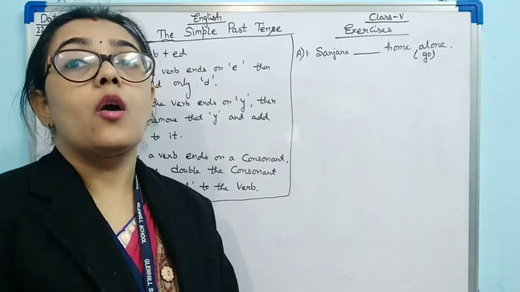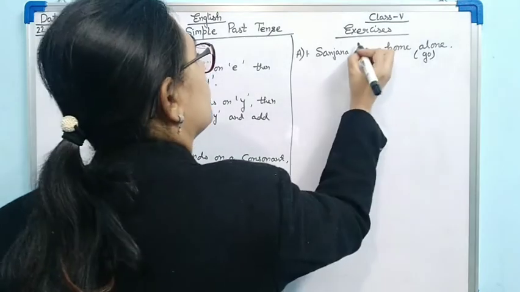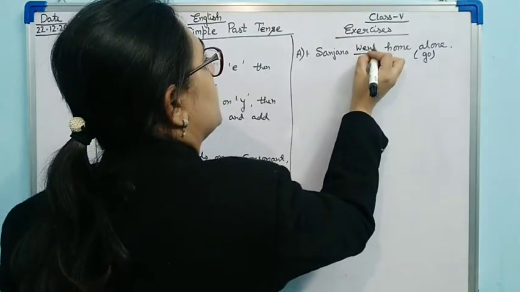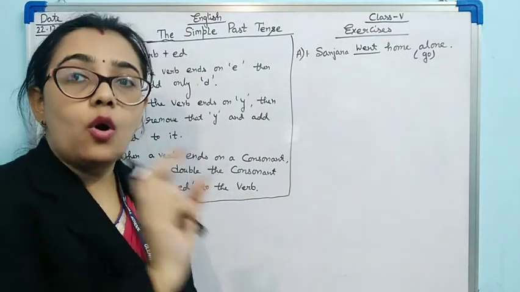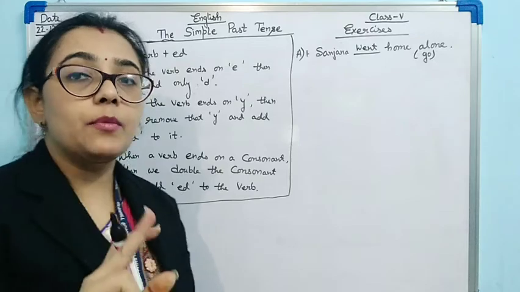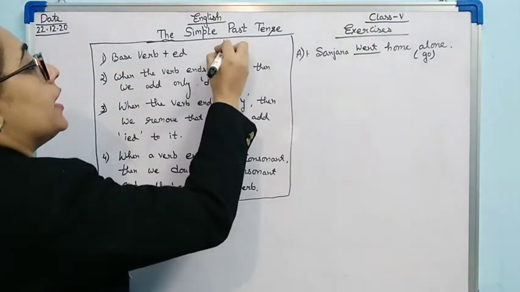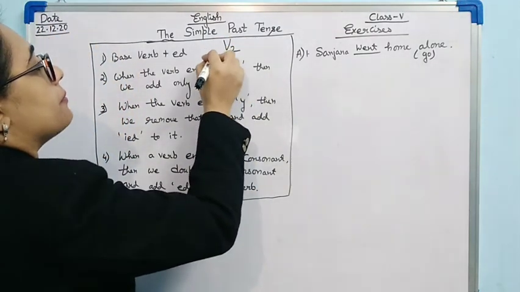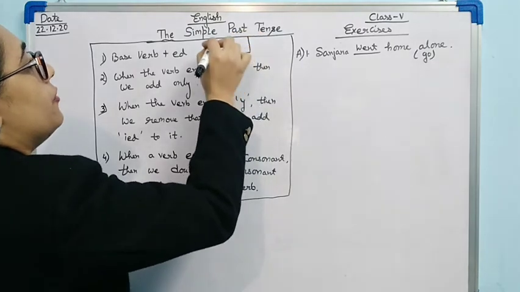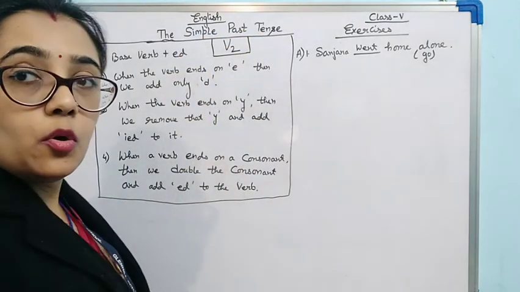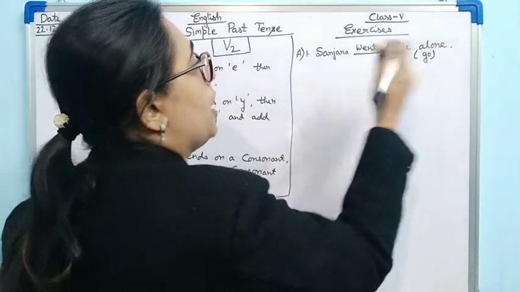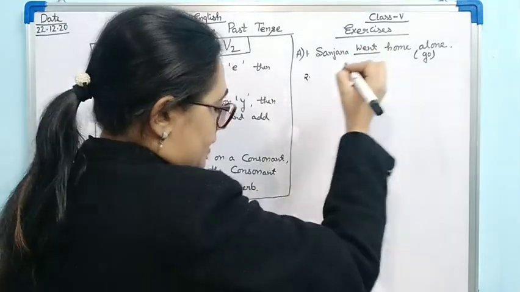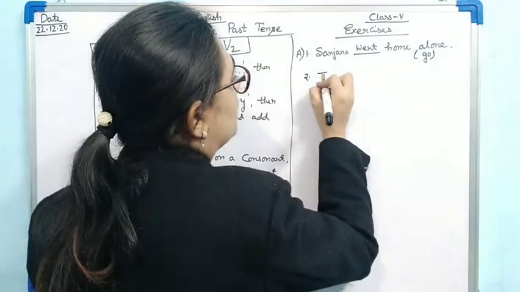Go, went. Now you can say that go, went, gone. That means we use verb second form. Sanjana went home alone.